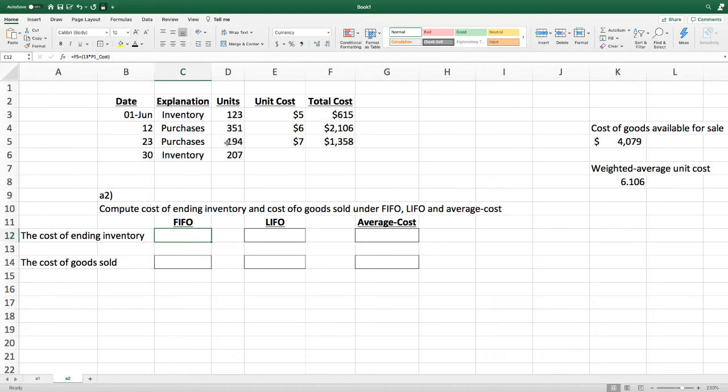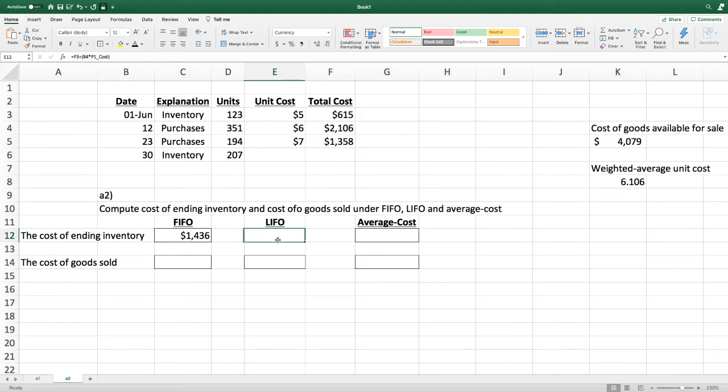That 13 is left over from our last little bit, so it only has a unit cost of 6, while the 194 has a unit cost of 7. So we're going to take 13 times 6 and 194 times 7. We're going to add the answers to those two together, and that will give us our FIFO.